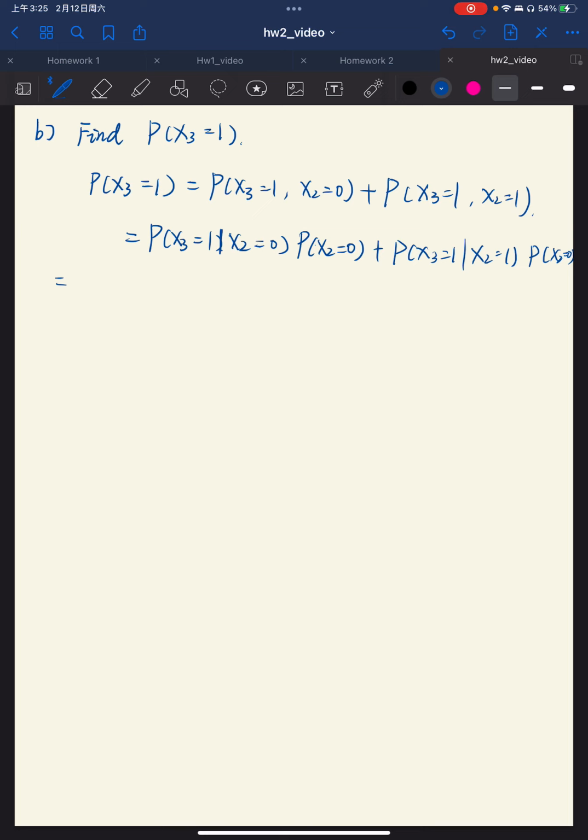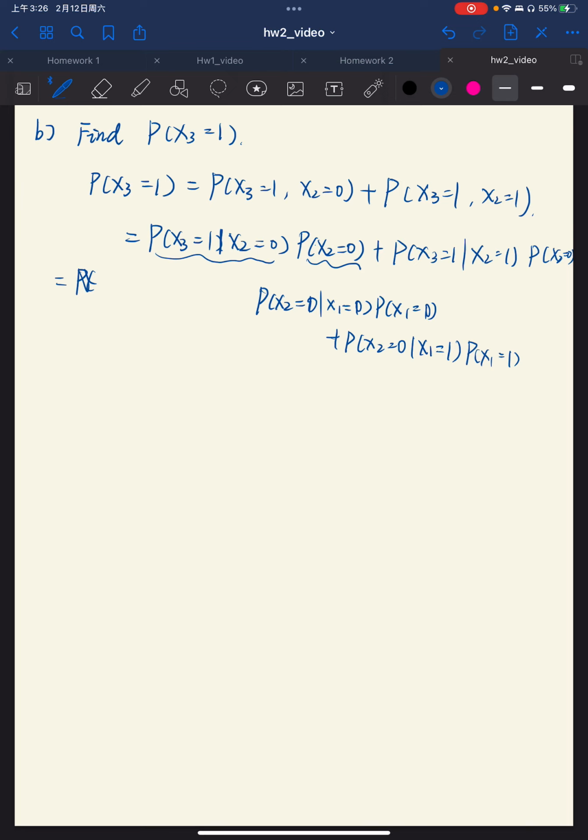Similarly, from the previous problem, we also have this one: x2 equals 0 is also equal to the probability of x1 equals 1.